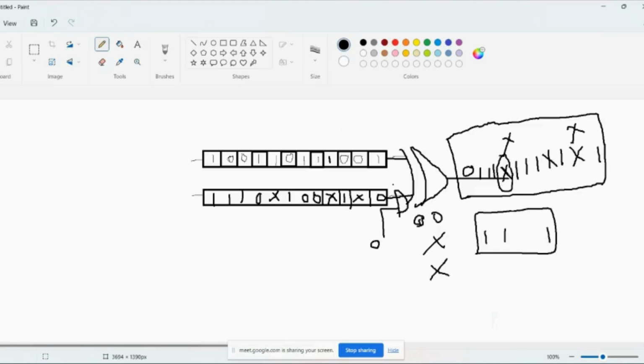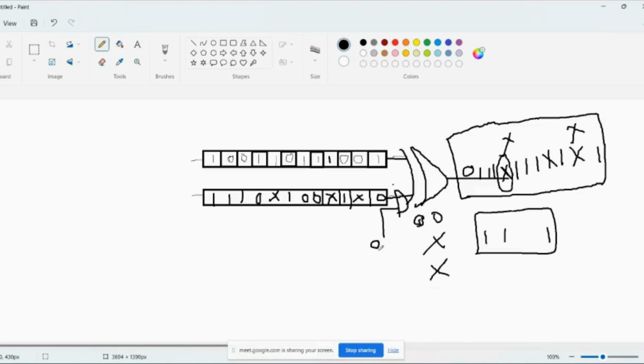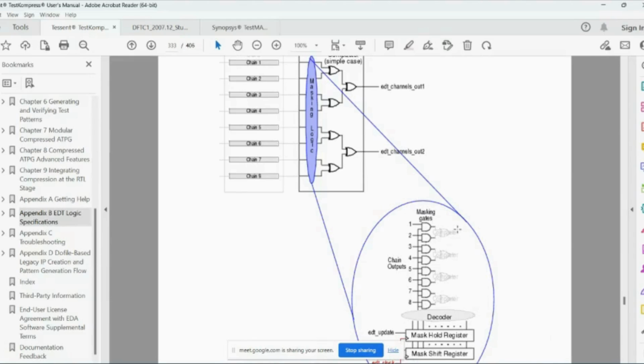So that will be programmed. This value will be programmed when there is X propagation. When there is no X propagation, it will match the exact output. It will try to bring out the actual response value to the output. So when there is an X propagation, the tool by default makes it a 0, irrespective of 1 or 0.